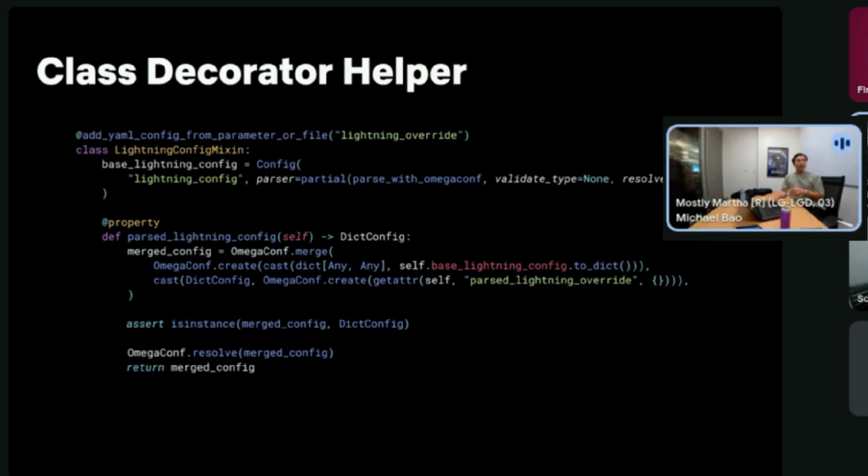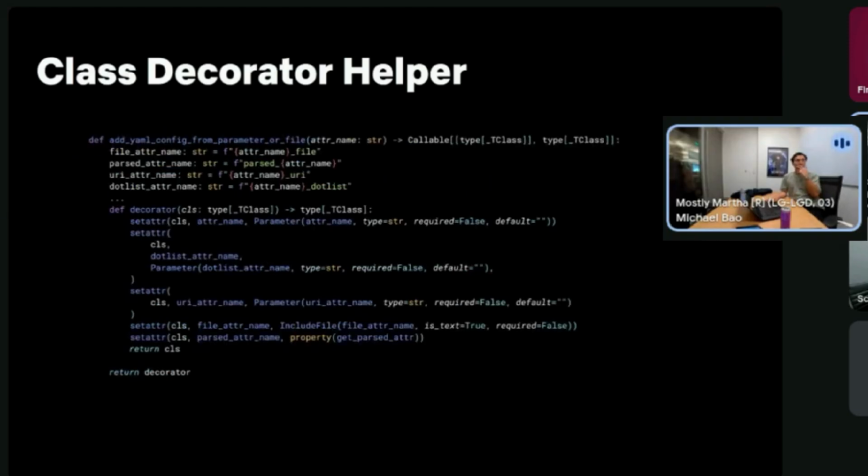So what this add YAML config from parameter or file option does is it adds 4 new attributes onto your class: a parameter that takes in a file name URI, a parameter that takes in the raw string, which is another option, a parameter that takes in the dot list that can be parsed by Omega Conf, and an attribute that adds the include file attribute.